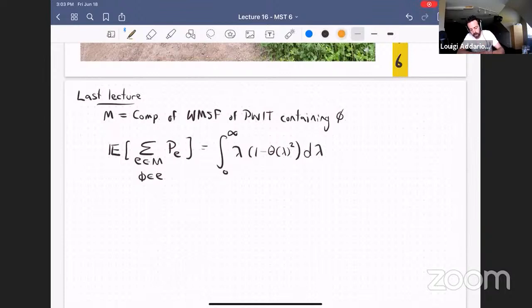Okay, and remember, this theta lambda is the survival probability for a Poisson lambda branching tree.